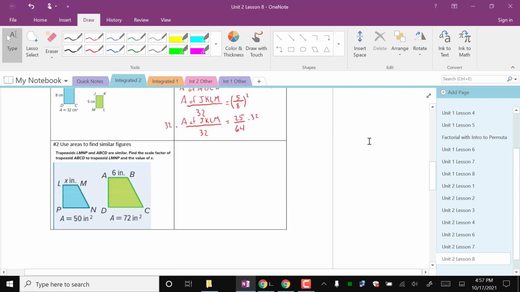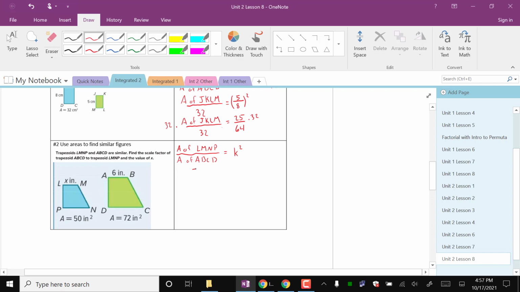For number two, we're going to want to find the scale factor. So I'm going to start off with creating, again, my ratio, the area of LMNP divided by the area of ABCD equals, and this is going to be our scale factor, which is K. So plug in what we have. We have the areas of both of these.